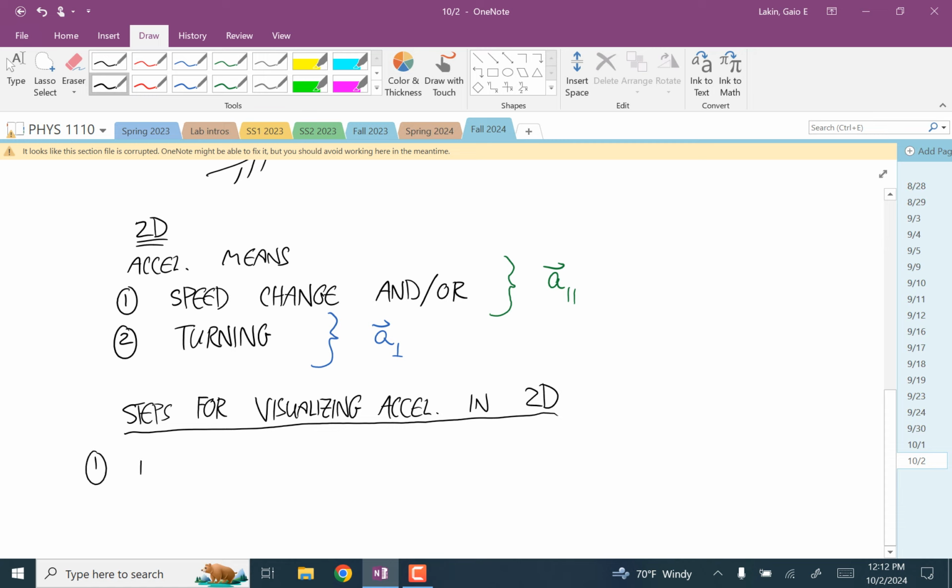First, draw the object and its path in the real world.